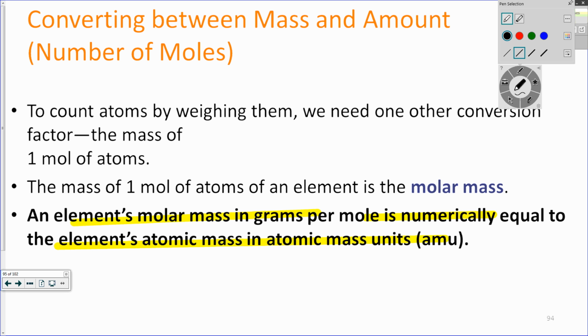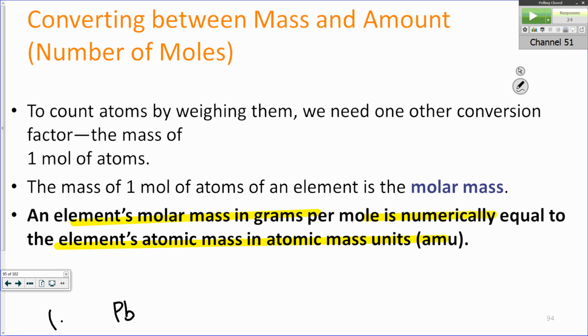So if I had 1 mole of lead, it would weigh, let's see, we said lead weighed 207.2 grams. That equals Avogadro's number of lead atoms.